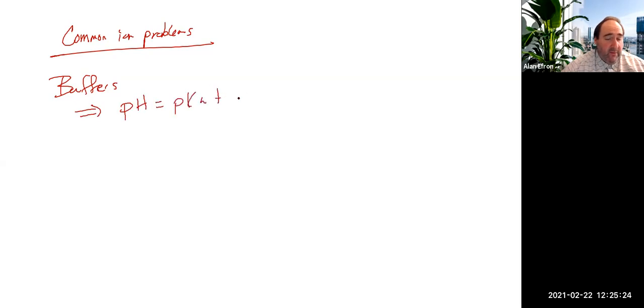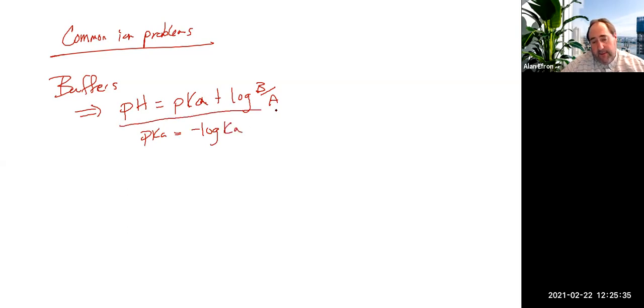And really the only place you should use the Henderson-Hasselbalch equation is a buffer. You should not use it if it is not a buffer situation, because it will be wrong. So you want to use this only in these buffer situations, which are really common ion situations.